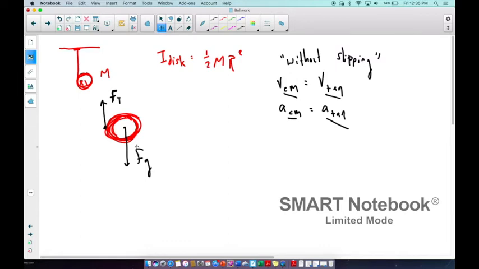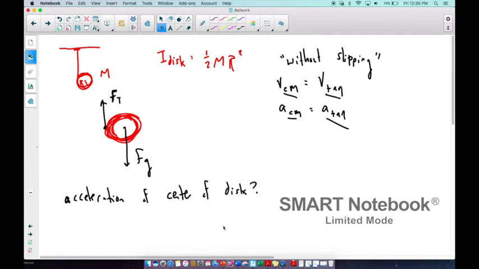Okay, so hopefully that makes fairly good sense. So here's one question. We want to know what is the acceleration of the center of mass of the disk.